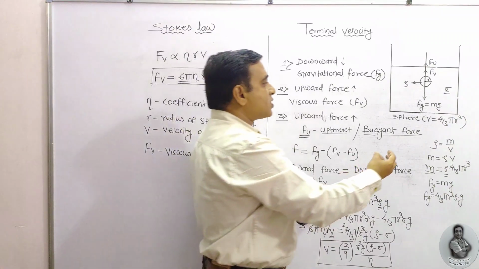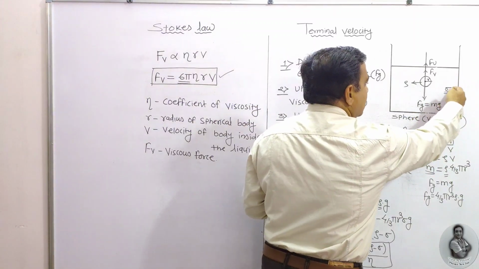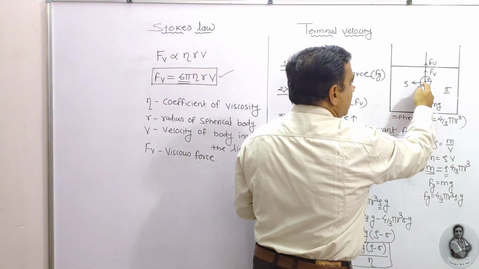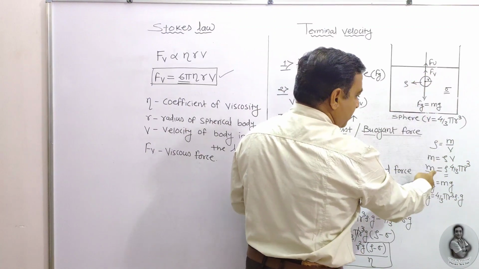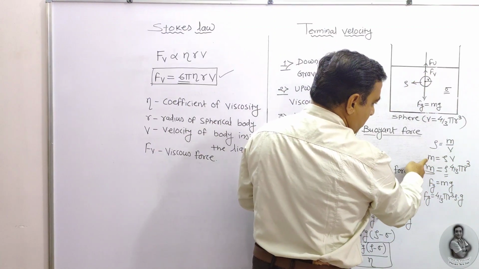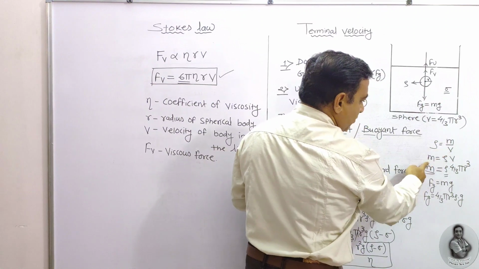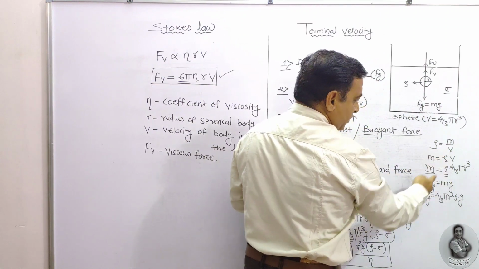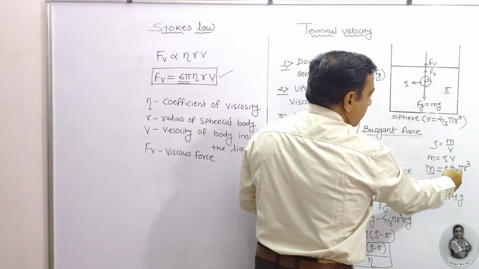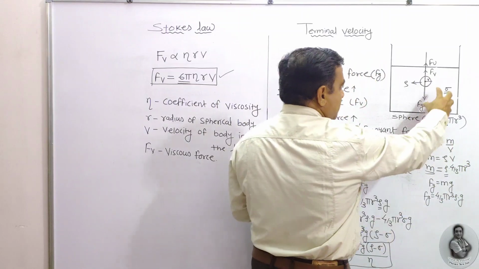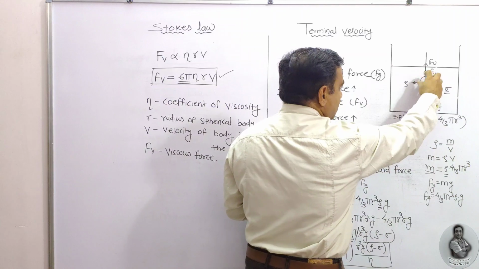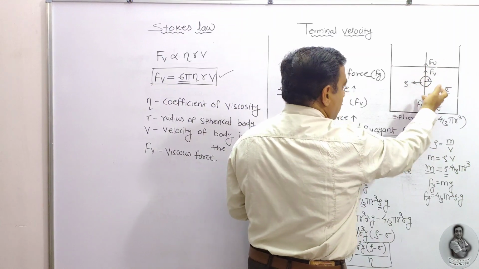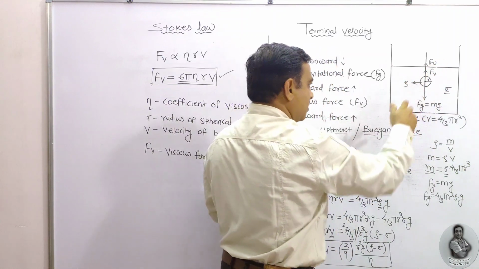It is the force in which the medium has density sigma, and the spherical body has density rho. Already we have calculated this. Rho is equal to mass upon volume. Mass is equal to rho into volume, and the volume of the sphere is 4 by 3 pi r cube. And a similar kind of force is acting on the sphere, that is upthrust or buoyant force, acting on the spherical body.